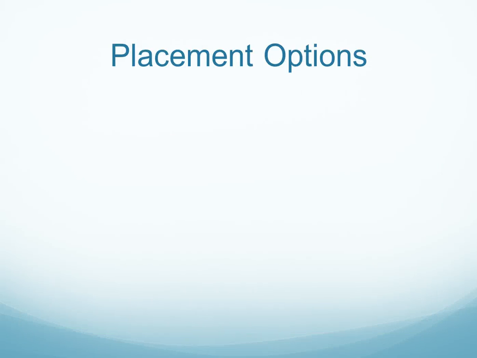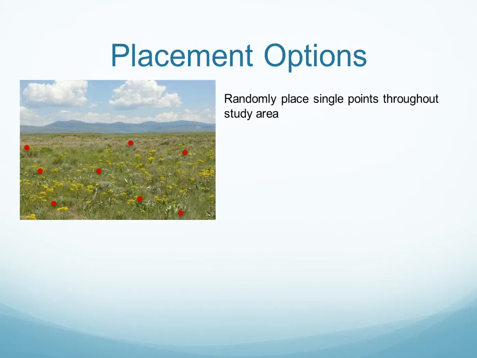So let's discuss how we place our points throughout the landscape. Well, one of the intuitive ways to do it is to randomly place single points throughout the study area. And while random placement is intuitively appealing, it's not very practical, because in order for canopy estimations or cover estimations to work with points, we usually need a large number of points.